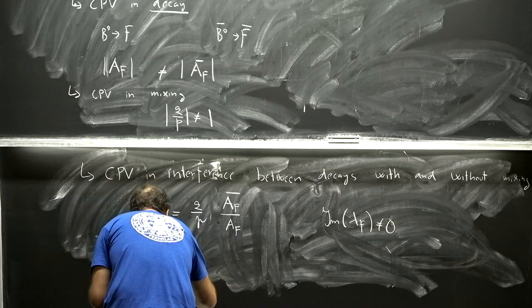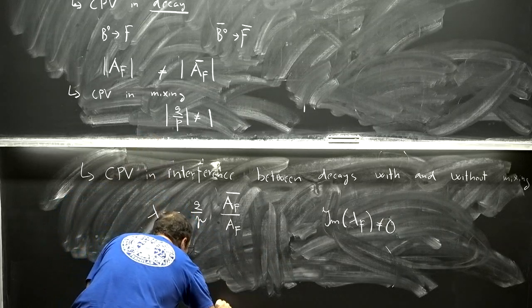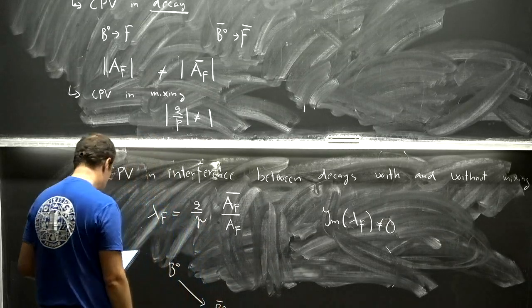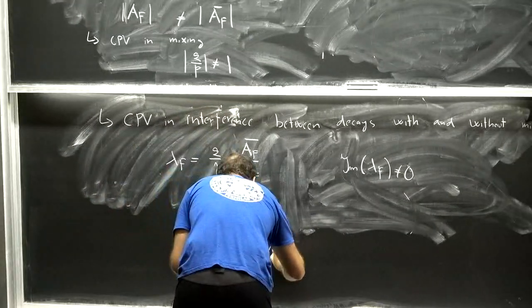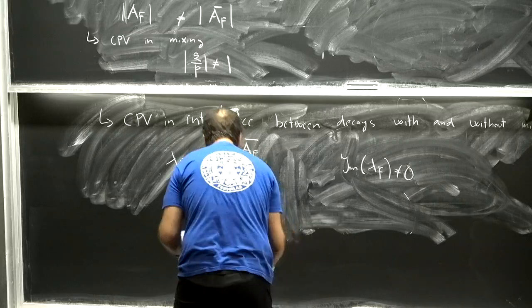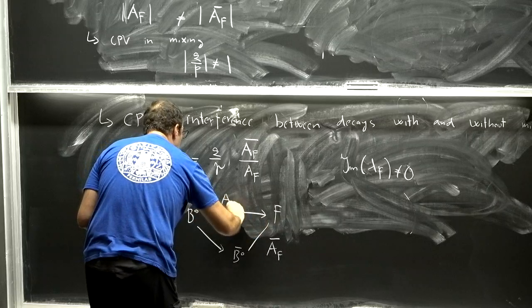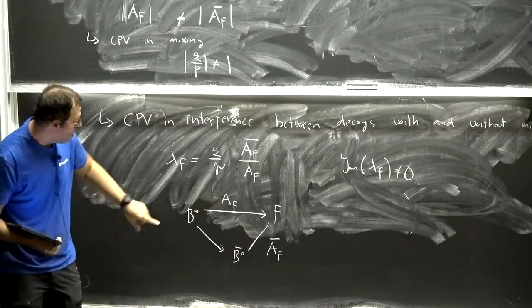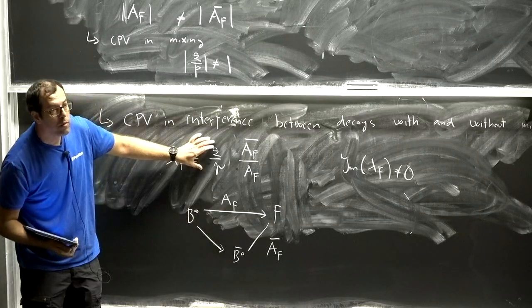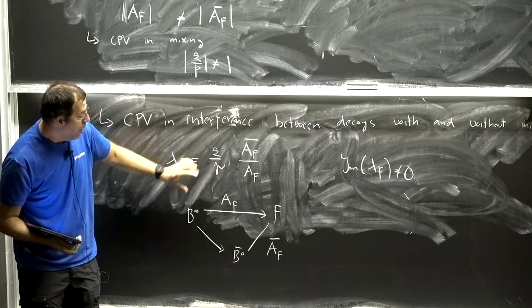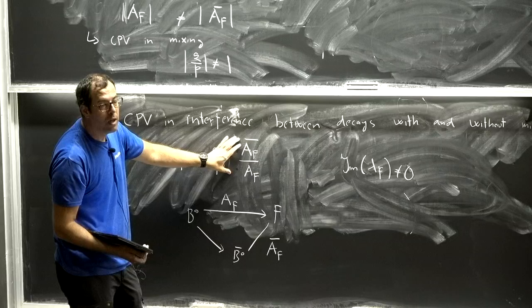The interference pattern would be you oscillate to B0 bar, and then this thing decays to a final state F with amplitude AF bar, or you directly decay to a final state F. So the oscillation part knows about the Q over P, and then the two other parts know about AF and AF bar.